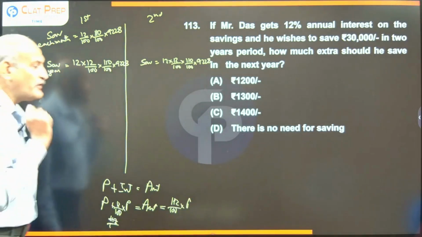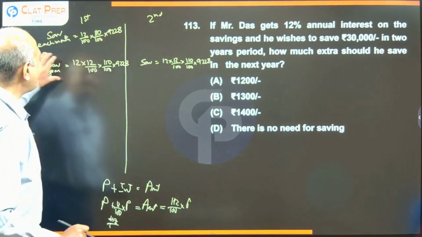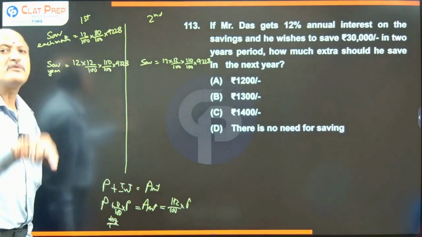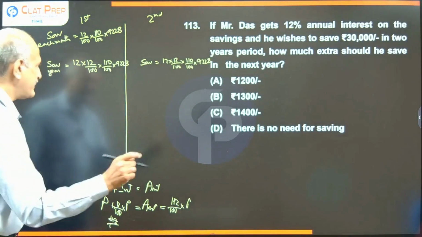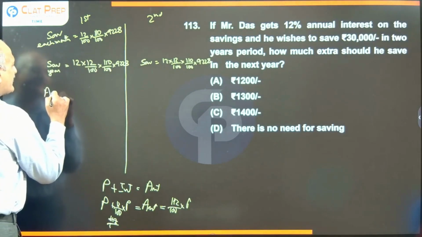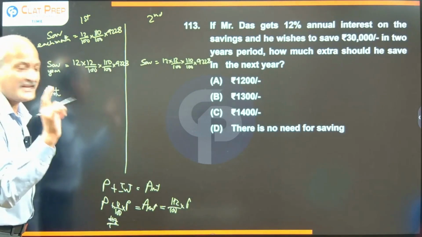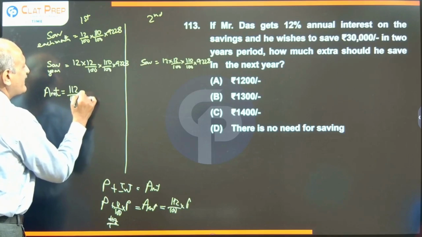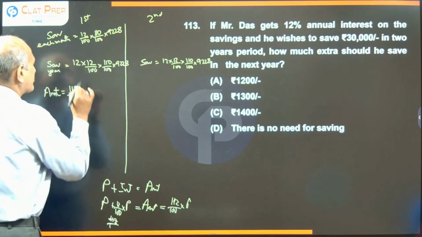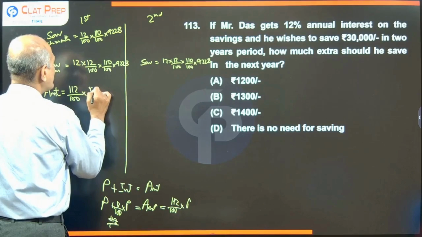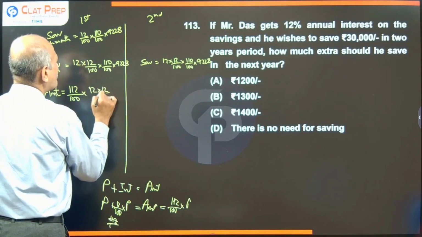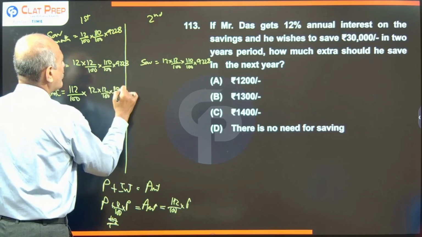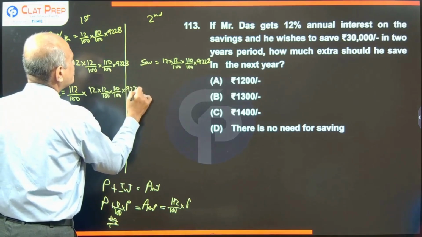So the point to understand is, he is making savings of this amount by the end of 1 year, but including the interest, including 12%, the amount he gets accumulated at the end of 1 year will equal 112% of 12 into 12% of 110% of 9228.